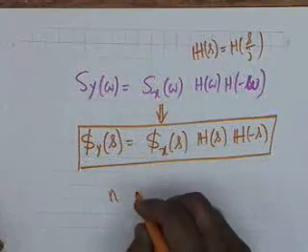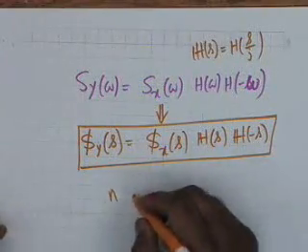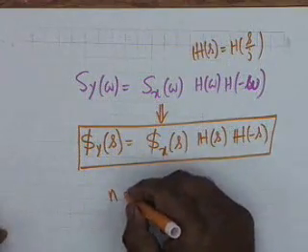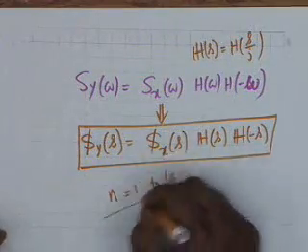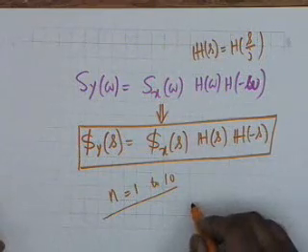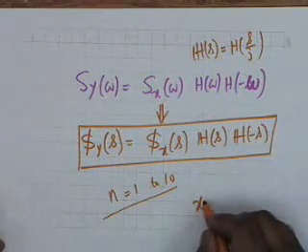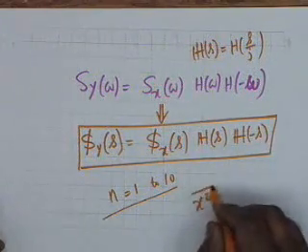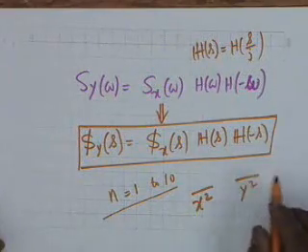I told you that tables for a rational function of degree n equal to 1 to 10 are available for calculation of the mean squared values, x squared bar or y squared bar.